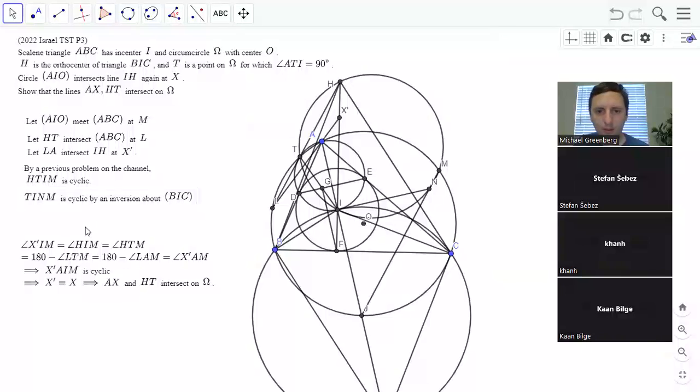And then I'm going to prove that HMNI is cyclic. Okay, let me just think about this for a second.